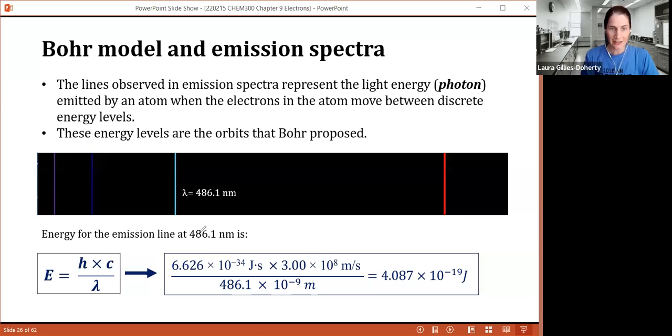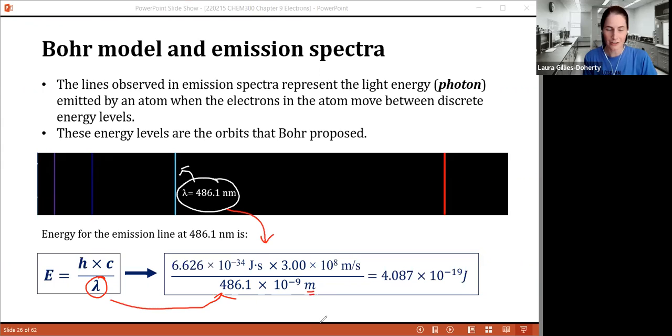So if we wanted to calculate the energy for this emission line from hydrogen, where the wavelength emitted when the electron undergoes this relaxation is 486.1 nanometers, we can plug it into this equation down here as the wavelength: 486.1 times 10 to the negative 9th meters, to convert nanometers to meters.